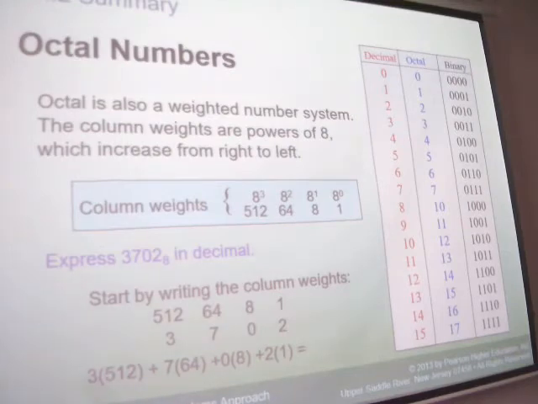So the result, right? The result, because the decimal number is 1986.